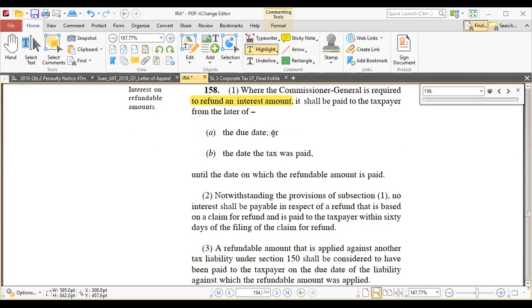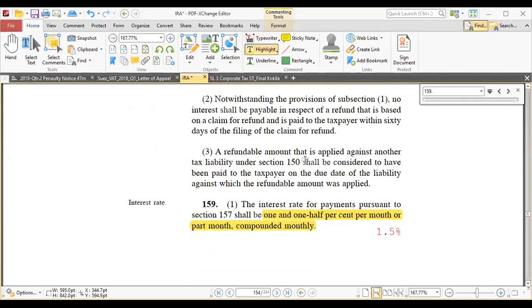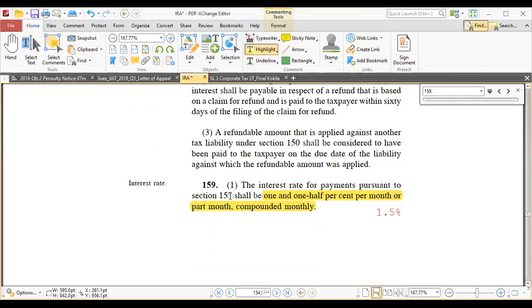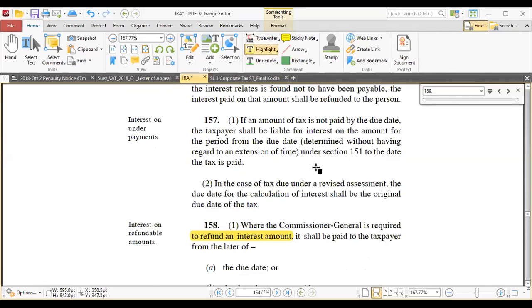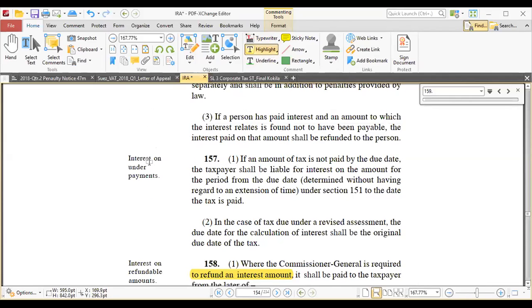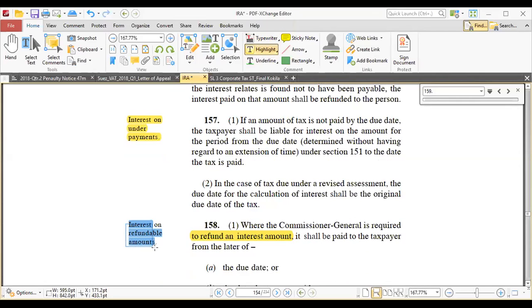Then 158 is the Commissioner General's, and 157 is for us. 157 is interest for underpayment. Interest for refundable amount is 158. 157 is interest for underpayment, where we paid lower than the proper amount.